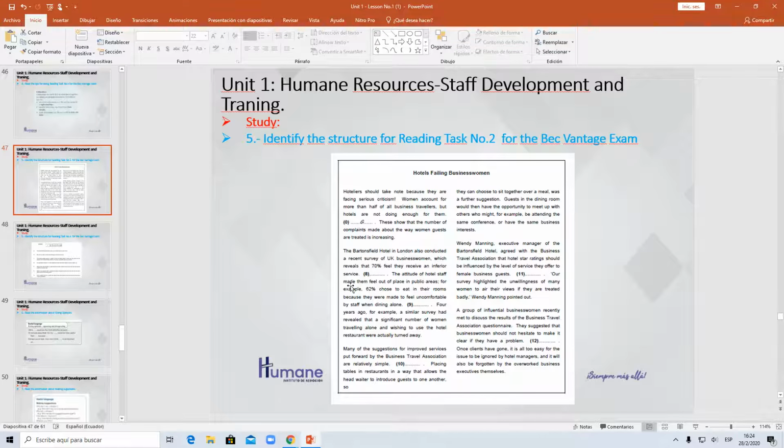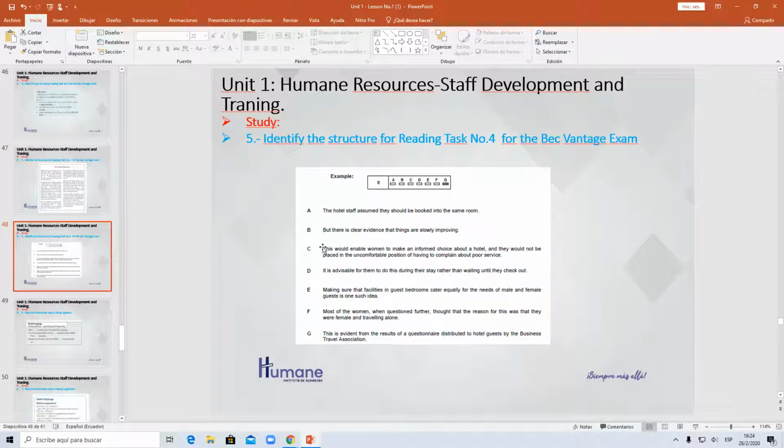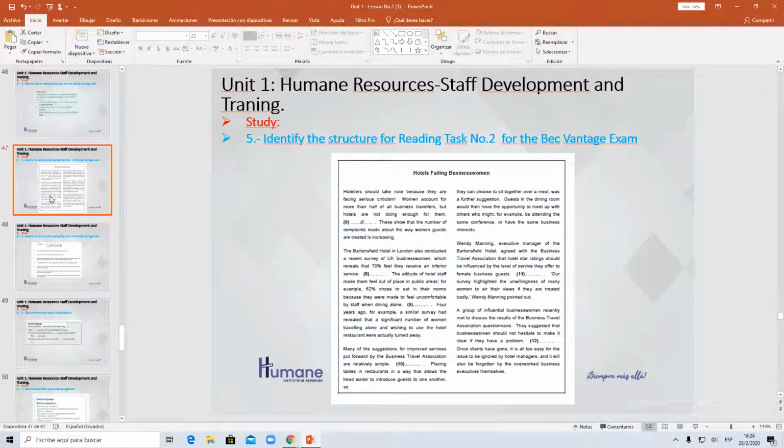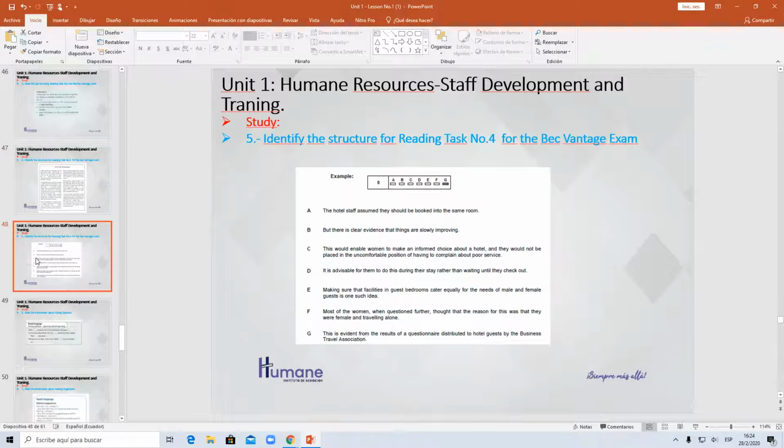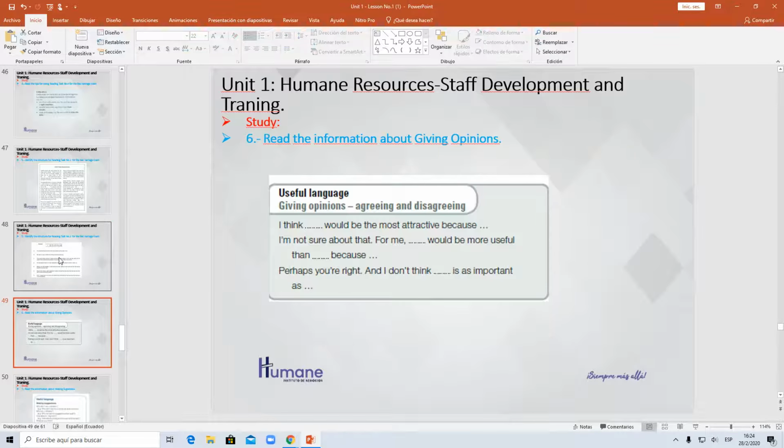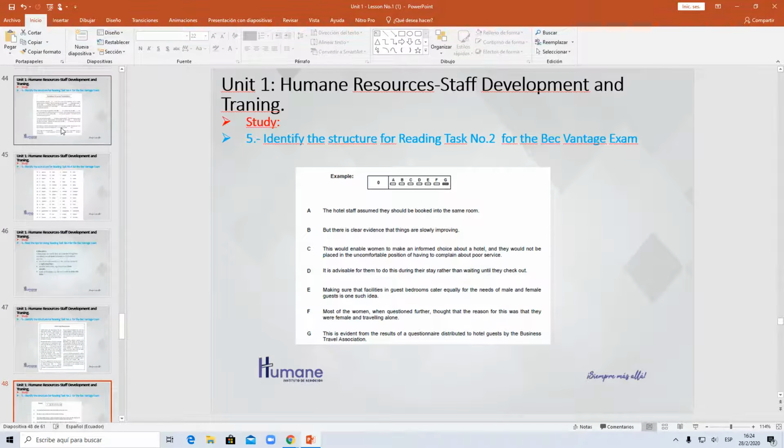And then while you're reading each option, try to check which one could be related in order to follow the whole sequence. We're going to practice this part in the other lessons, but as I mentioned before, the important thing is to identify the structure of, in this case, reading part 2. Okay? So we have already seen reading part 4 and then reading part 2.